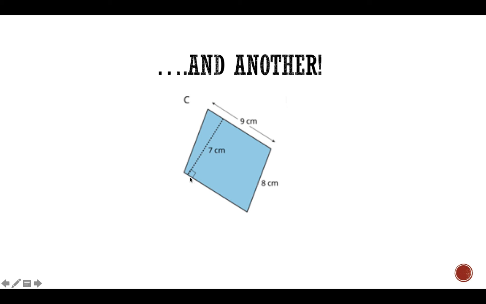So this side is 9 centimeters, this measurement is 7 centimeters, and they're both making contact with the box. We're going to multiply those two numbers together. So we multiply 9 times 7, and we'll get 63 centimeters squared. 63 centimeters squared would be the area of this shape right here.